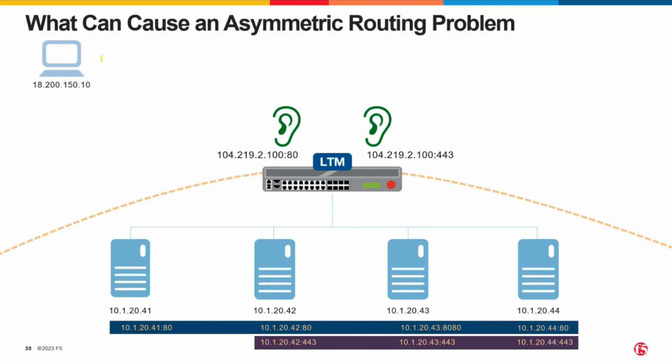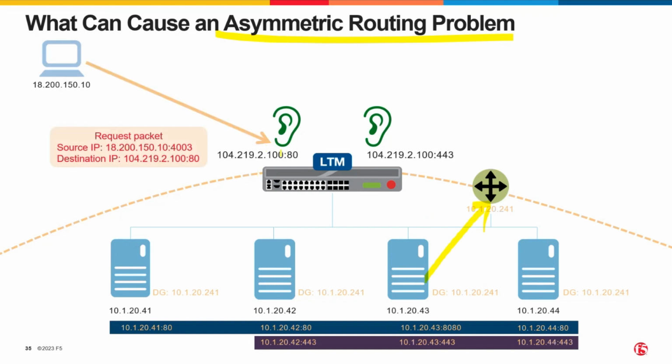Okay, so the asymmetric routing problem. Sometimes, or very often, your backend servers will be configured with a different default gateway than F5. So they will try to send all the traffic to some kind of router or firewall, not our F5 BigIP.